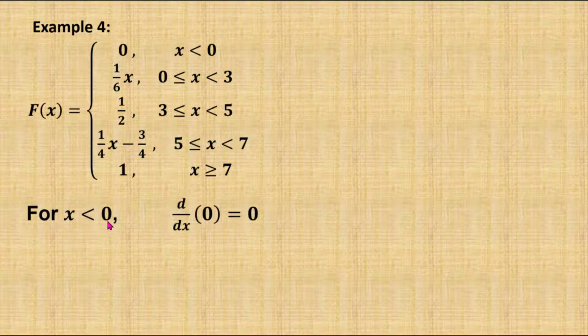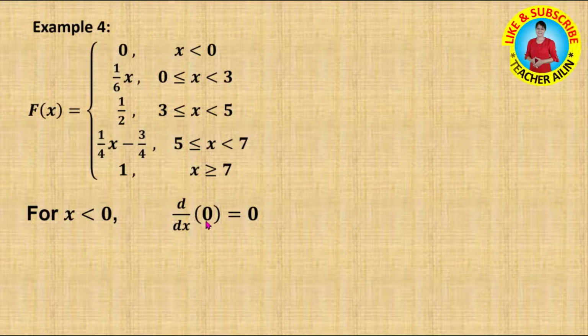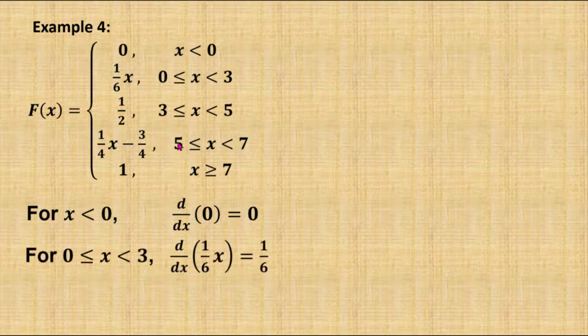When x is less than 0, the cumulative function is 0, so differentiating 0 is equal to 0. When x is in between 0 to 3, the cumulative function is 1 over 6 x, and after differentiating, it is equal to 1 over 6.